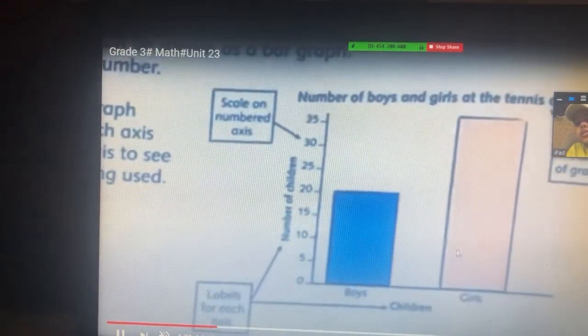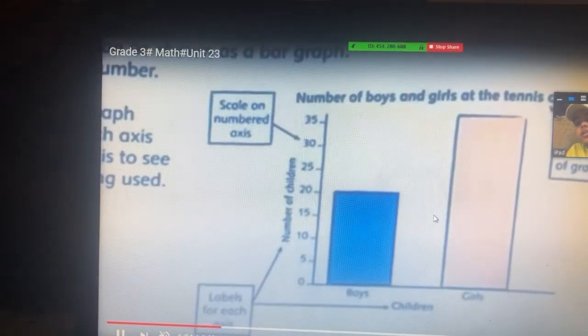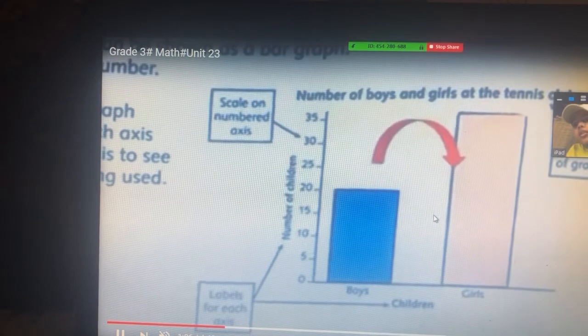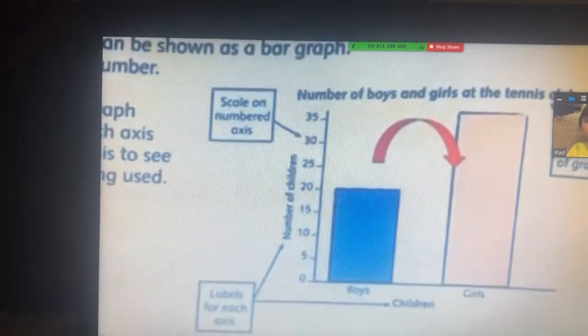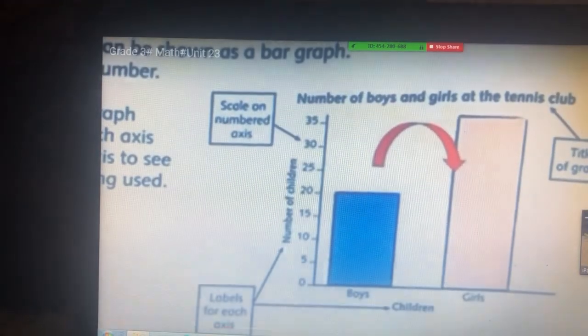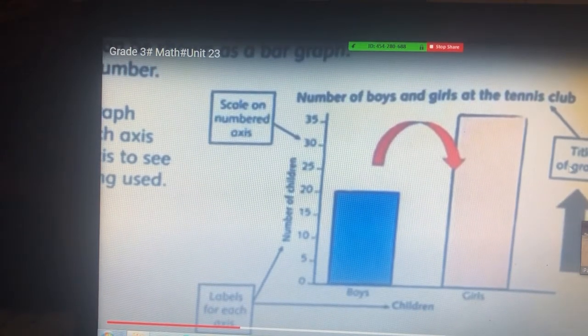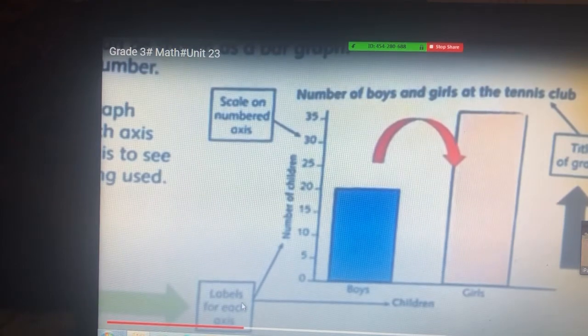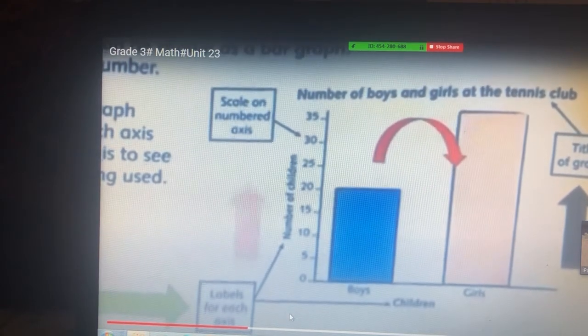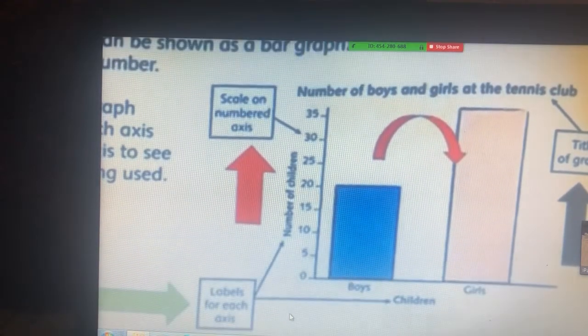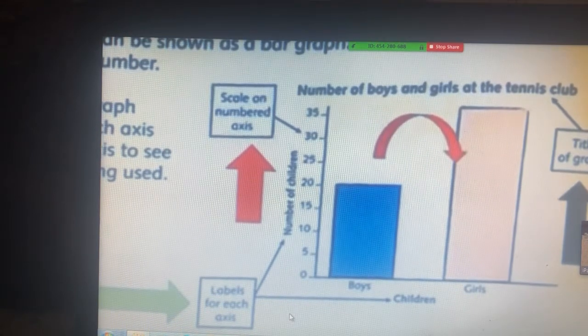The second thing I want to look at carefully is the title of the graph. Here, Yasin, this is the title of the graph. It's important to know what it's about. And also it's important to know the label for each one and the scale of number. How I'm comparing, how I'm doing this.